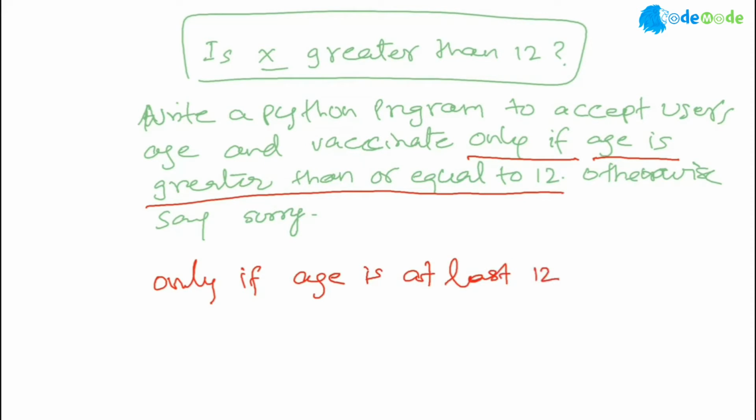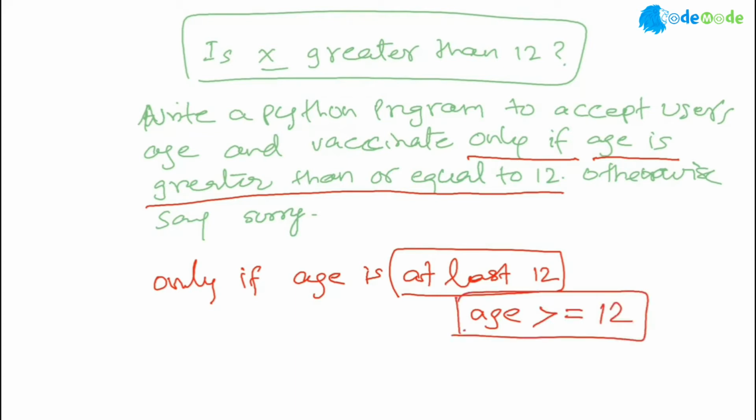Both are the same thing. The two important things: first, identify if this program demands a condition. Second, build a condition. So suppose age is a variable, then the condition is age greater than or equal to 12.